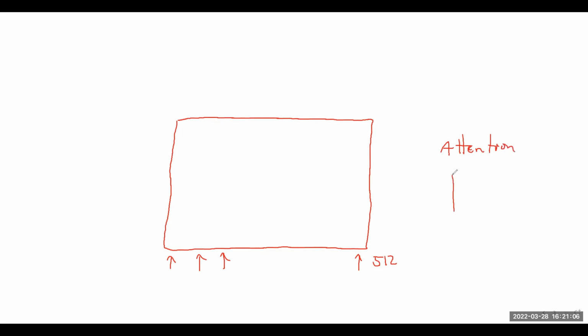And the attention matrix is actually 512 to 512 because you have all the words here and all the words here, and then you're paying attention. So it's like you're finding that this word and that word should have high attention. And then this word and that word should have high attention. So you create a matrix that is 512 by 512.